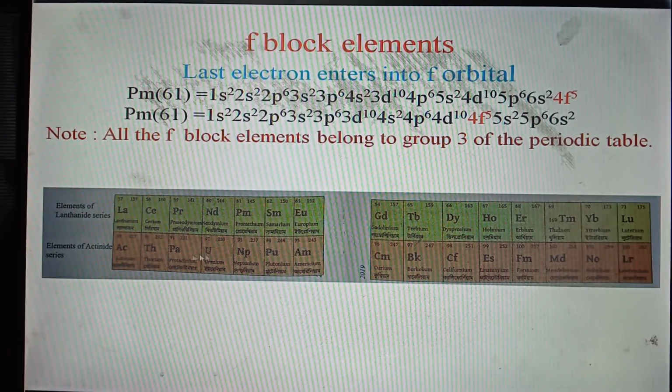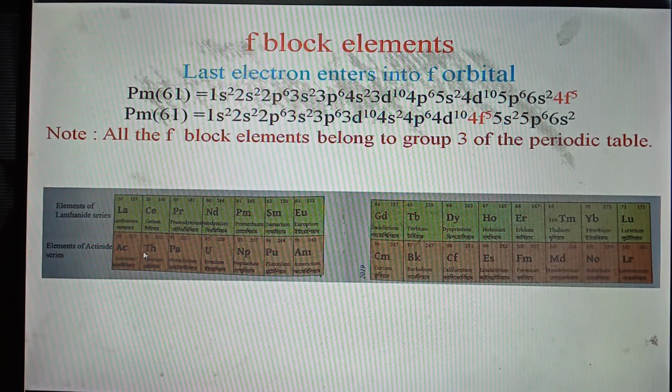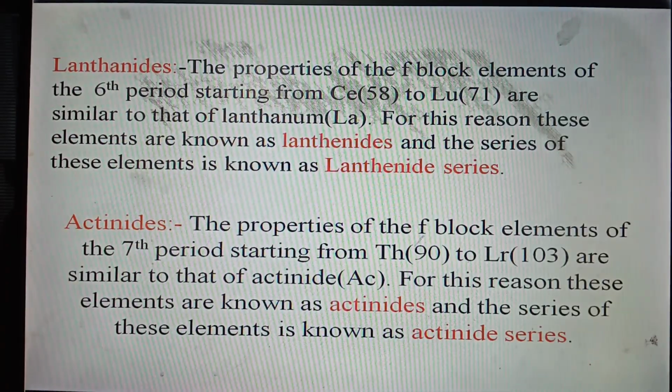These 14 elements starting from thorium to lawrencium show similar properties like actinium. The series of these 15 elements is known as the actinide series. It is mentionable that the lanthanide series belongs to the 6th period and the actinide series belongs to the 7th period of the periodic table.